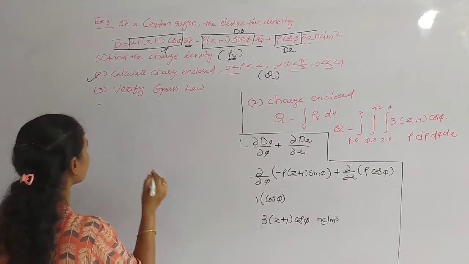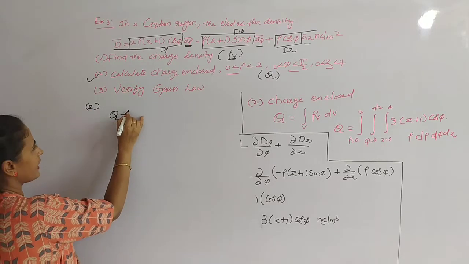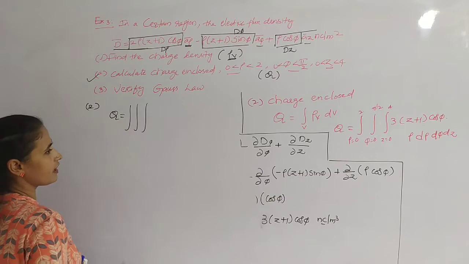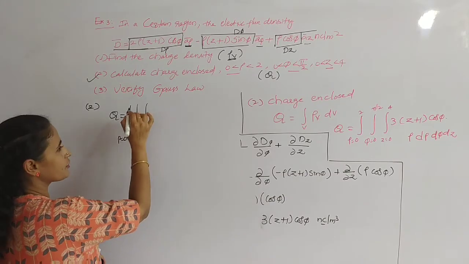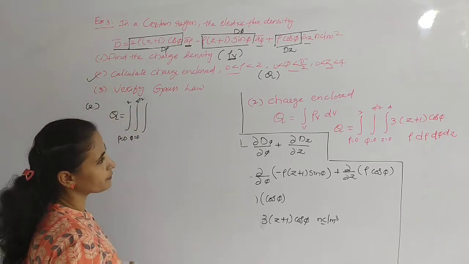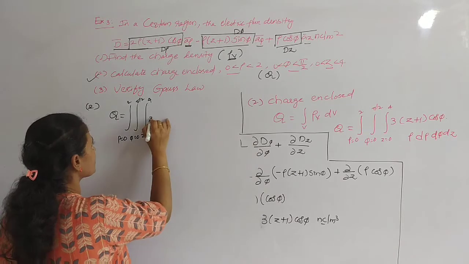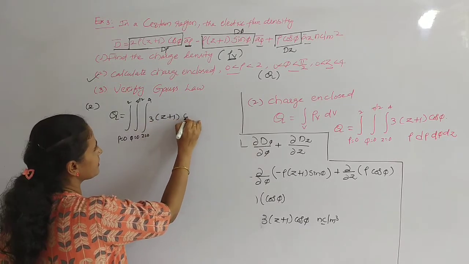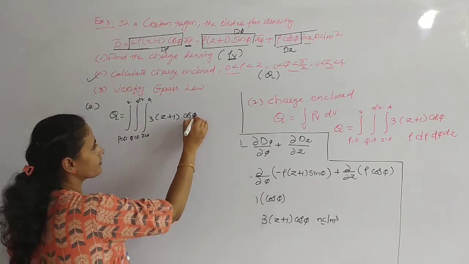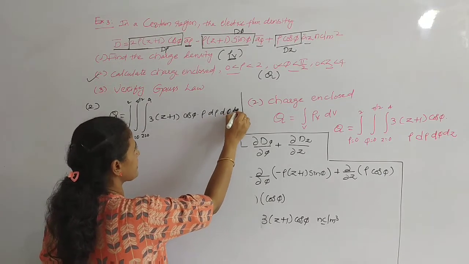Okay, we are continuing the second one. Q is given by 3 integrations of rho equal to 0 to 2, phi equal to 0 to pi by 2 and z equal to 0 to 4, (3z plus 1) cos phi times rho into d rho, d phi and dz.